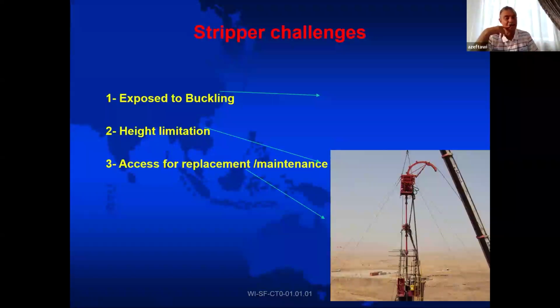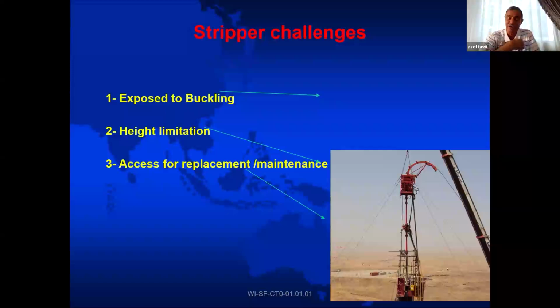This was a very unique rig up in Iraq, where they have a high Christmas tree, and they rig up a snubbing unit on top of it, and on top of the snubbing unit, they put Christmas trees. They put the BOP of coiled tubing with, I think, a 3-section riser, 8 feet. It was lubricated at that time, 8 feet, and then they have the injector. So the height is really unbelievable.